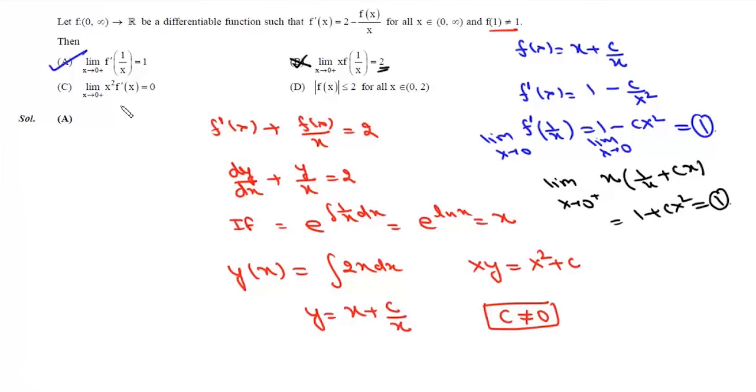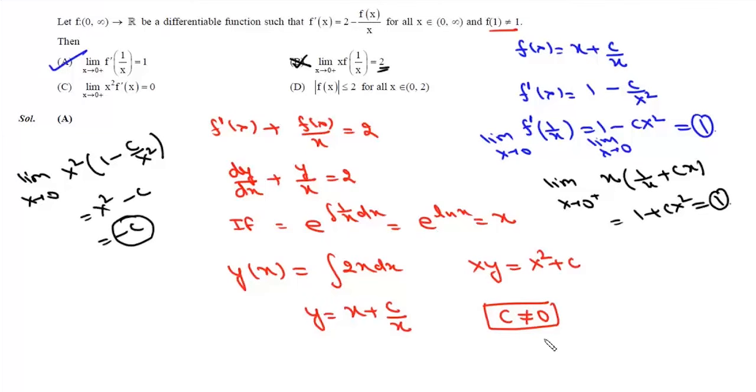Now this third one is x² into f'(x). That will be the limit x tends to 0 of x², and f'(x) is 1 - c/x². So it will be x² - c. So well, this limit is -c, and since c is unequal to 0, it can never be equal to 0. That means option C is also incorrect.